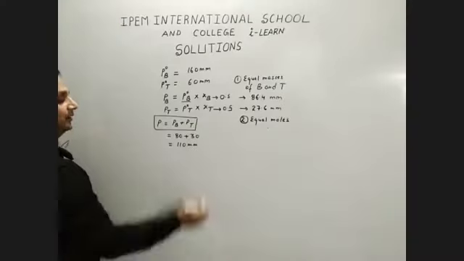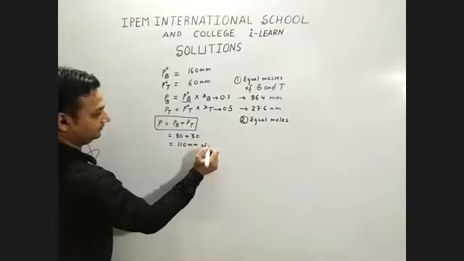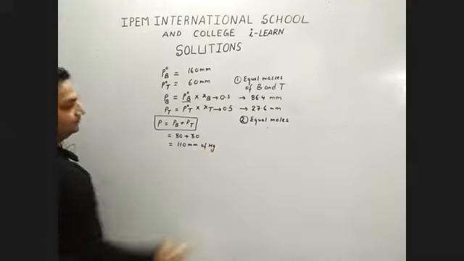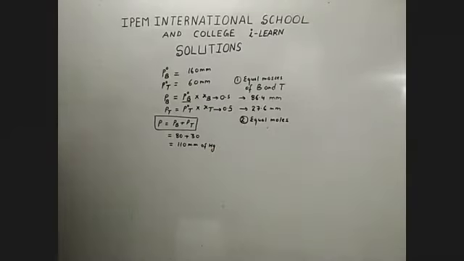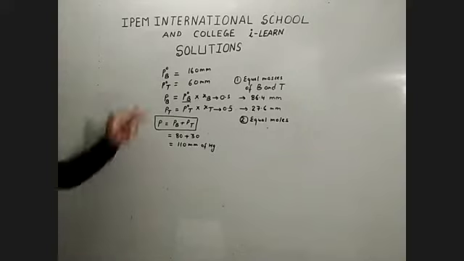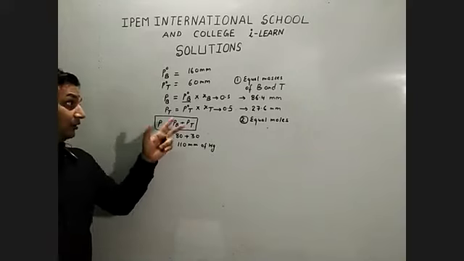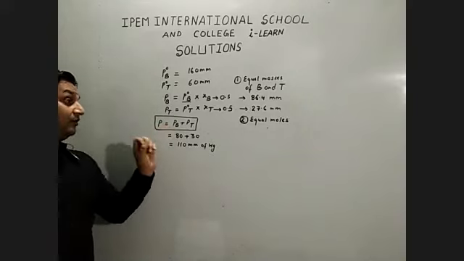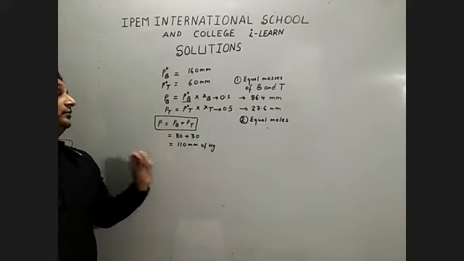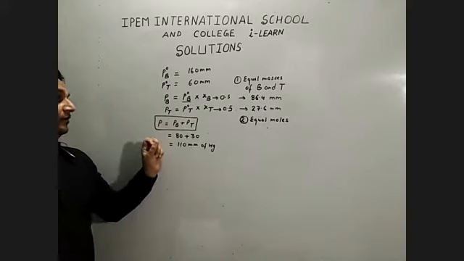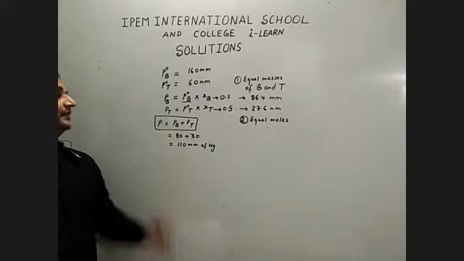Total is 110 mm of mercury. The way you have to do it is also equally important, and right from the first class I am telling you, you have to solve it, you have to show each and everything.